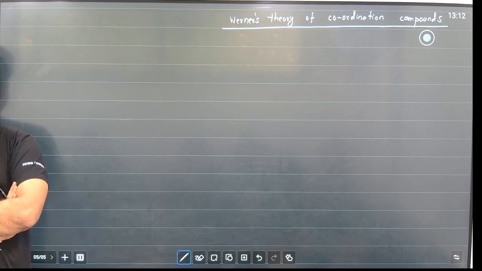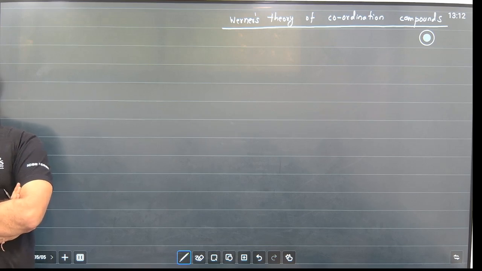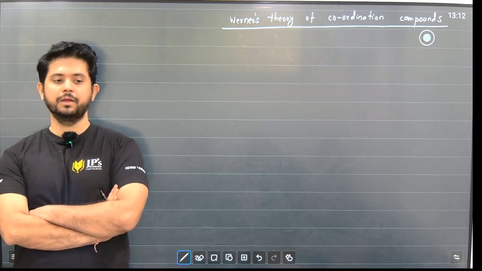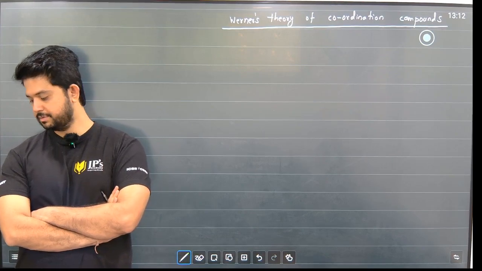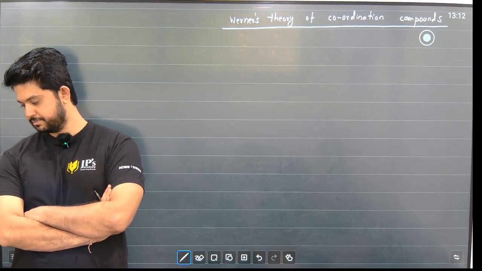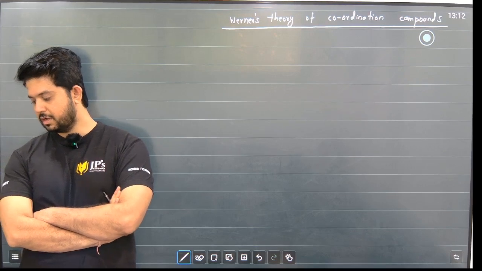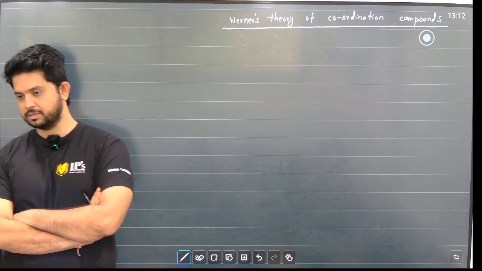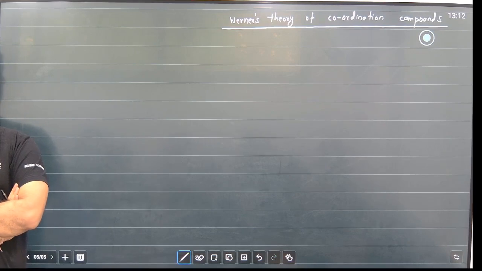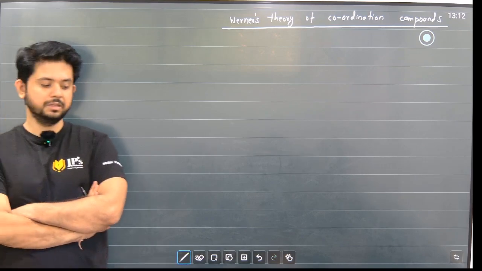Groups satisfying primary valency are usually ionizable in aqueous solution.